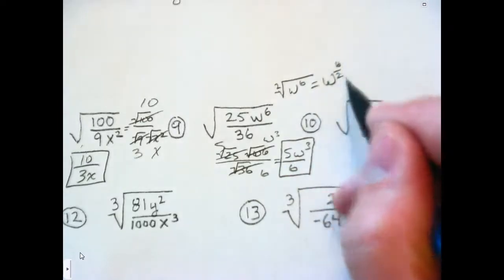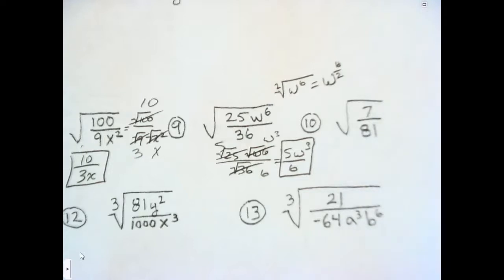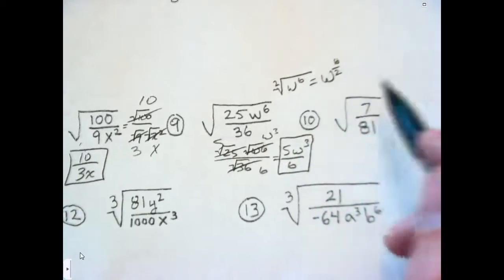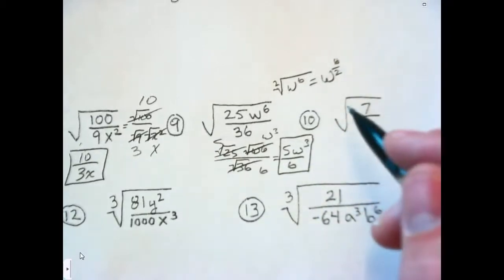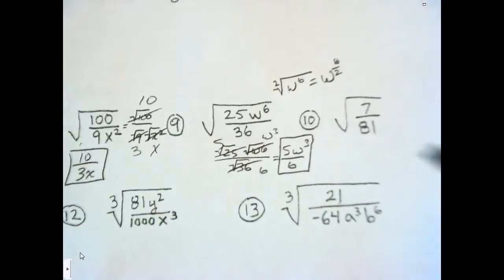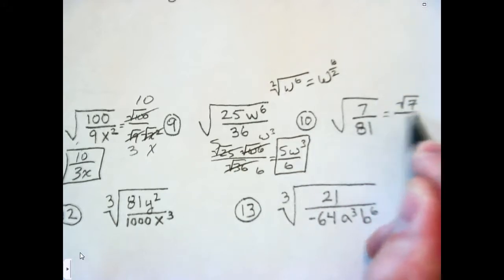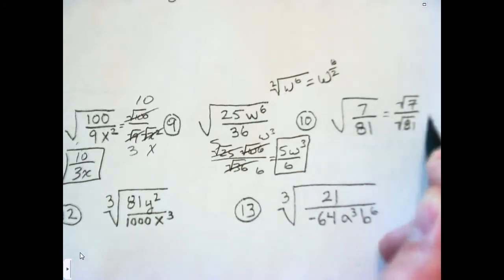So w to the third. That's just how it works out. I could go through the process I showed when I introduced these, and I'll work through that with you again if you want. Number 10, that's root 7 over root 81, which is root 7 over 9.